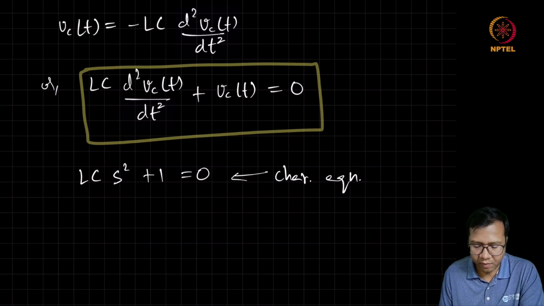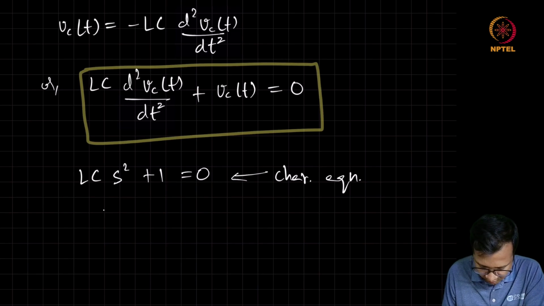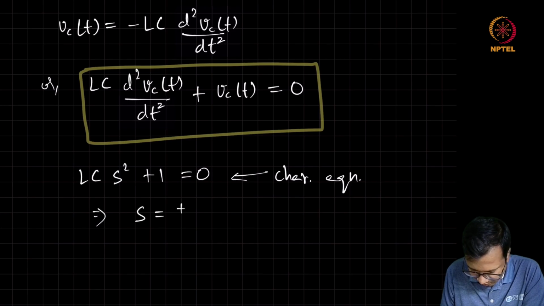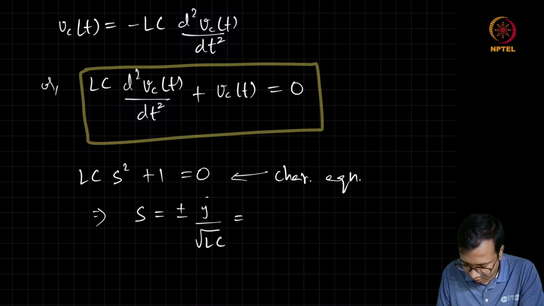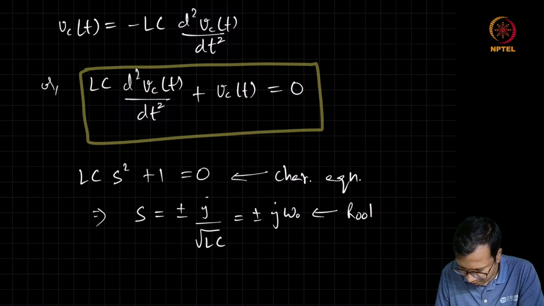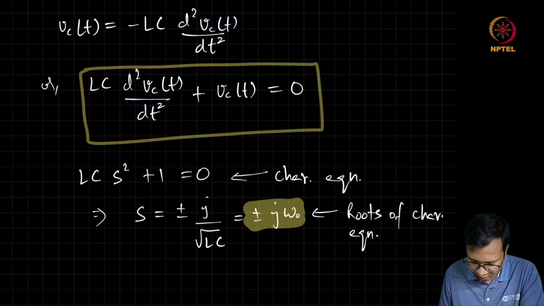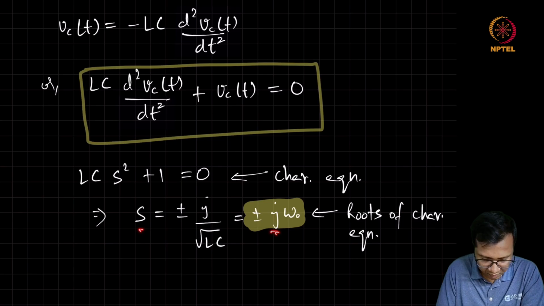And using these roots, we can find the solution for this differential equation. So the roots are going to be equal to plus minus j by root over LC. Let's call this 1 by root over LC as omega naught. These are the roots of this characteristic equation. We can see that the roots are purely imaginary.